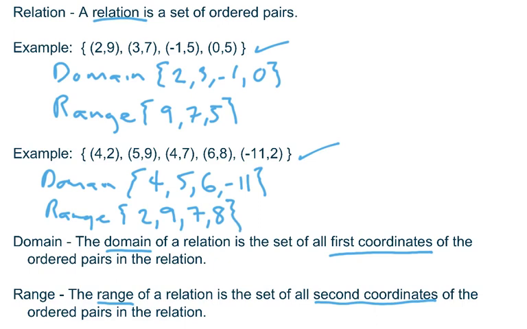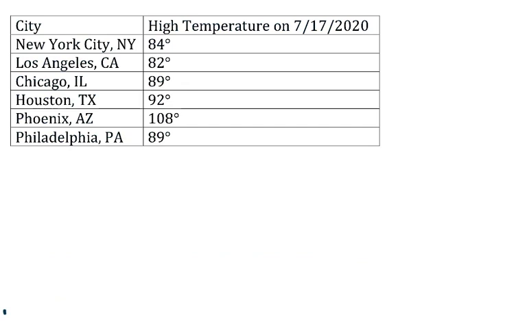Now, when you look at that, you might think, well, this is really very basic, and why is this so very important? It's just some ordered pairs. The interesting thing is we see the concept of a relation all the time in many, many applications. It may just be that the ordered pairs are more or less in disguise. Let me show you another example.